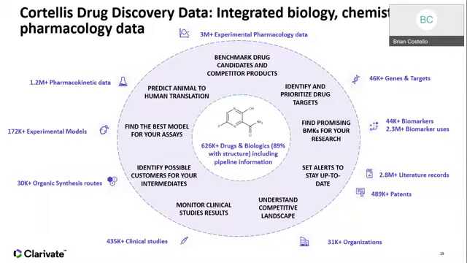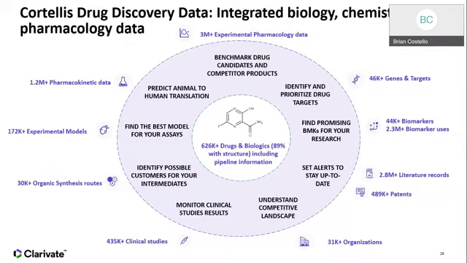Next is what we are going to talk about. If I am a clinician or a pharmacologist, I would like to have integrated biology, chemistry, and pharmacology data in one place. I would like to benchmark my compound.